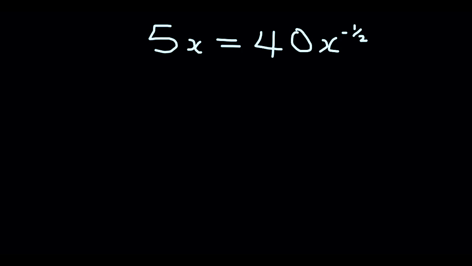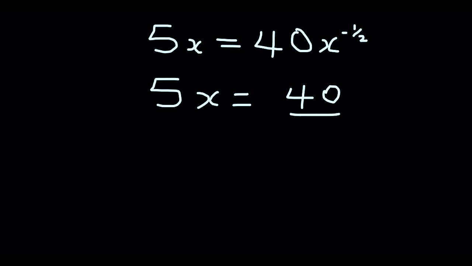From here, what we can do is to write this as 5x equals 40 over, because this will give us, we can write this one as this, and this gives us x to the power of 1 over 2.